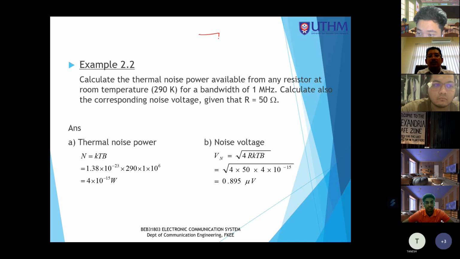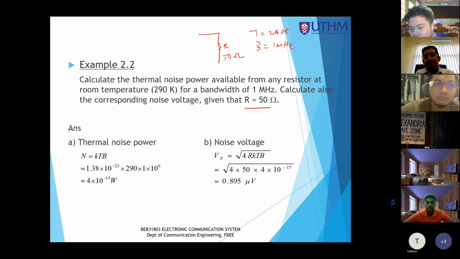So you ada satu resistor yang mana the temperature is 290 Kelvin, and the bandwidth is given as 1 megahertz, and it is given here that the resistance is 50 ohm.